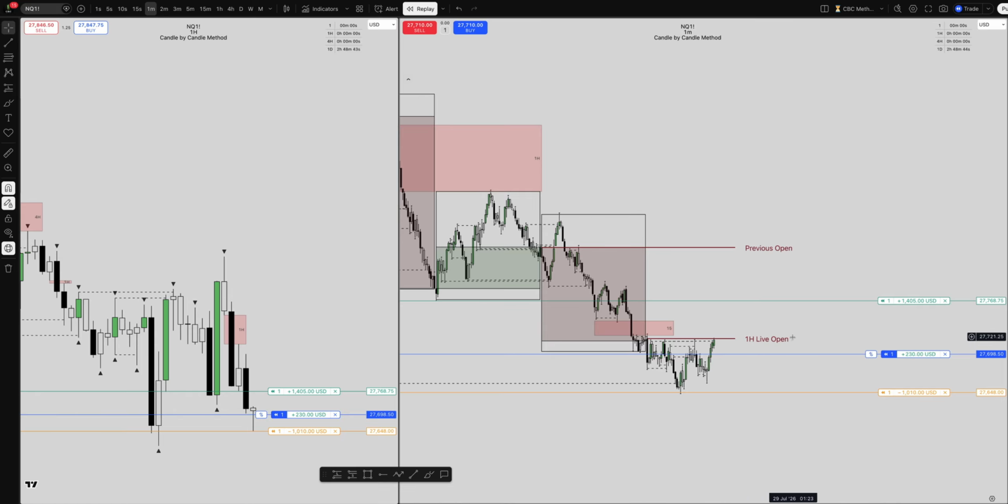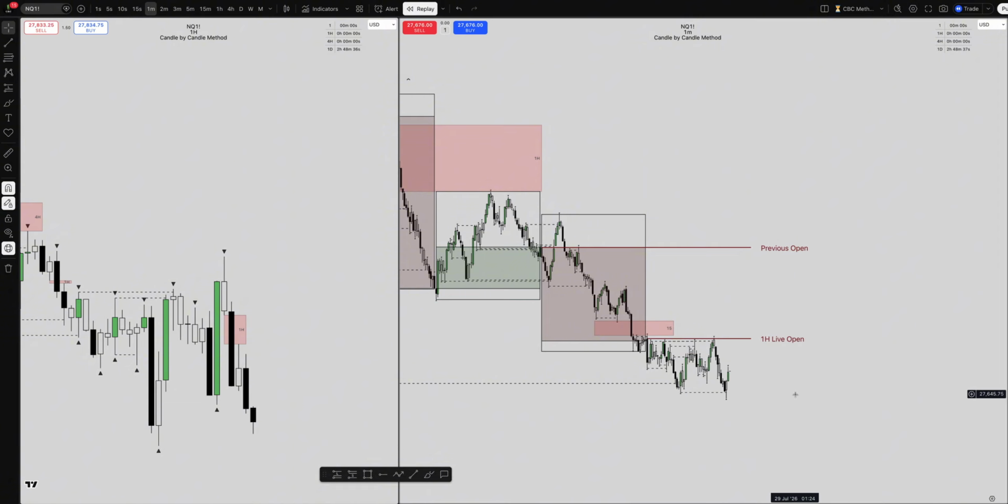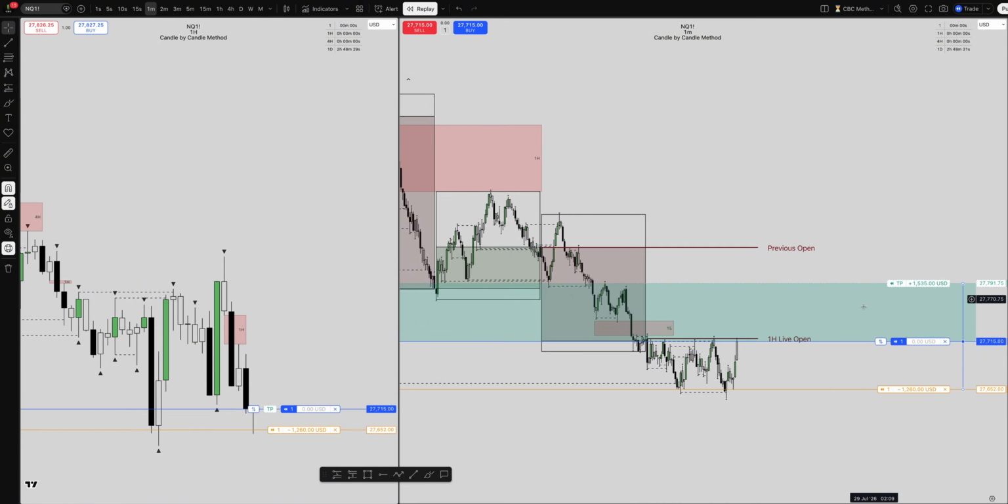If it closes above, I will go. Okay, it rejects the open. Okay, fine. We have another rejection. Okay, double bottom. Let's try again. Now this looks more like a bottom.